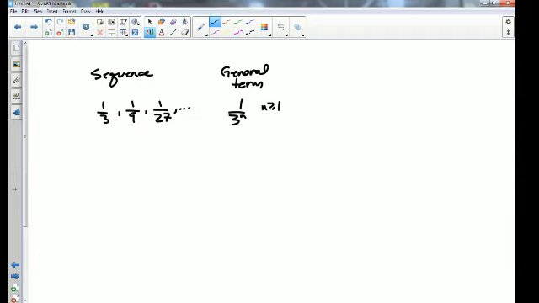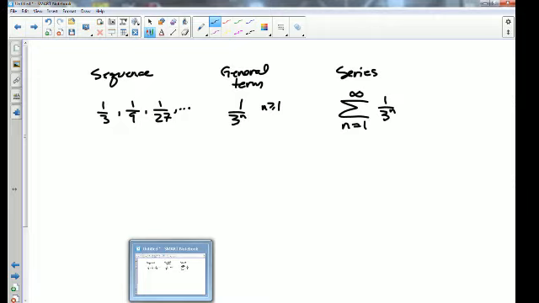If we wanted to write a series where we add these terms up, a series takes a sequence and adds the terms. That's how we would write the series notation.